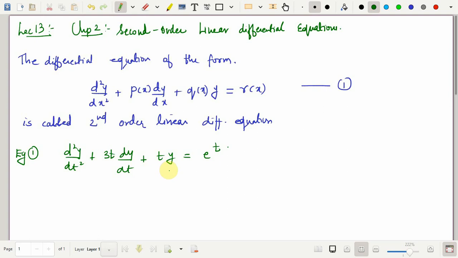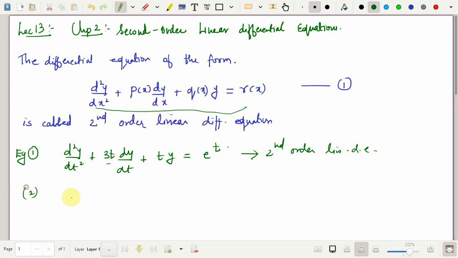First of all, it is a second order differential equation with the dependent variable y and the independent variable t, and it is exactly in this form. The coefficient of dy by dt is simply a function of t. Here x is taken as t, the coefficient of y is t, and on the right hand side you have merely a function of t. So, this is a second order linear differential equation.